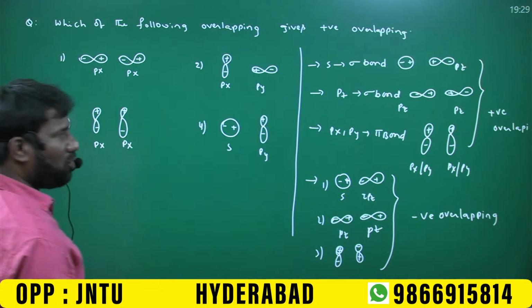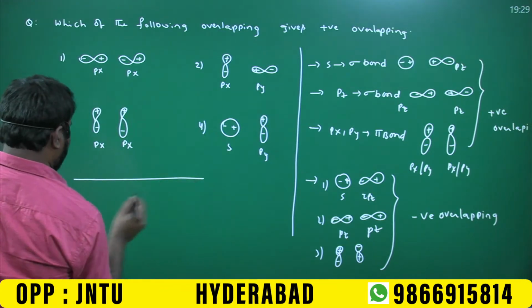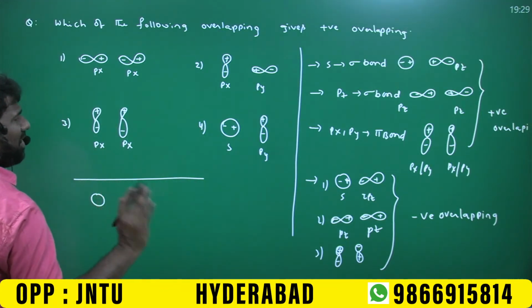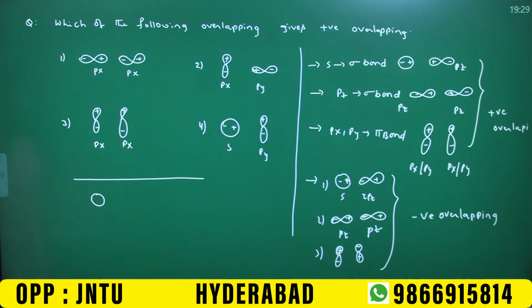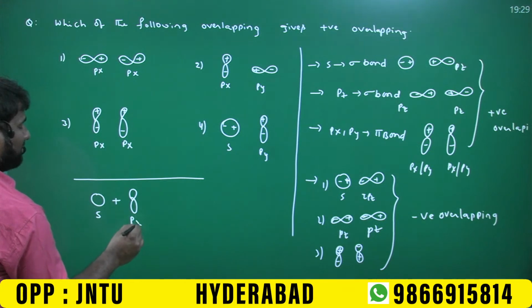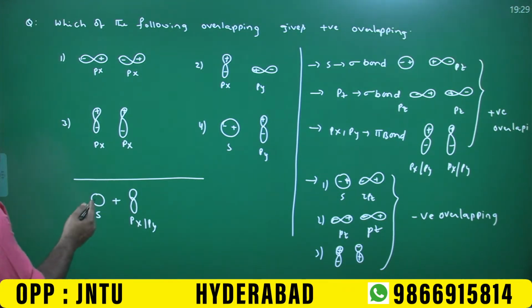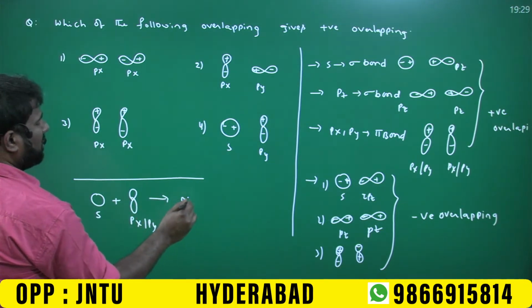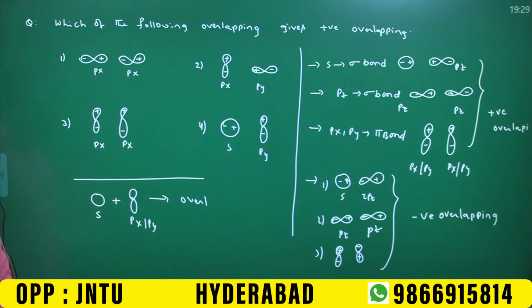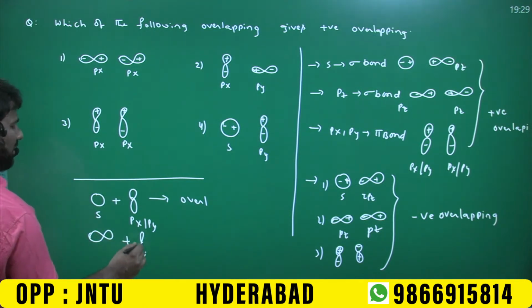Then coming for zero overlapping. Zero overlapping means s orbital never forms pi bond. If I write s orbital with the combination of px or py, px and py generally form pi bond, so s orbital never forms pi bond. So this is zero overlapping. This is pz orbital, this is px or py.